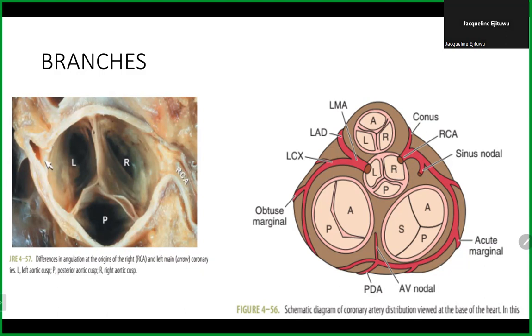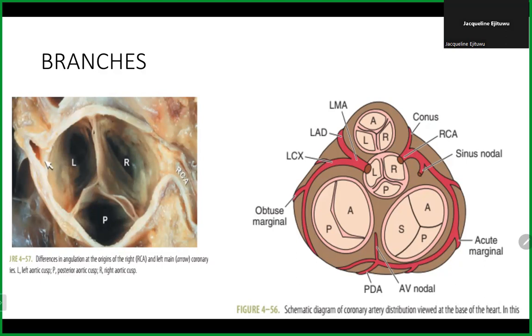So the right coronary artery arises from the sinus above the right coronary cusp, and it arises at a perpendicular angle to the sinus, unlike the left coronary artery that arises at an oblique angle.